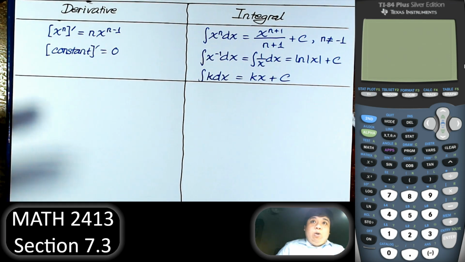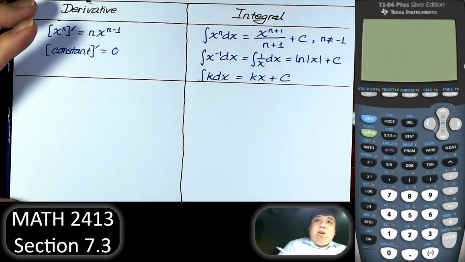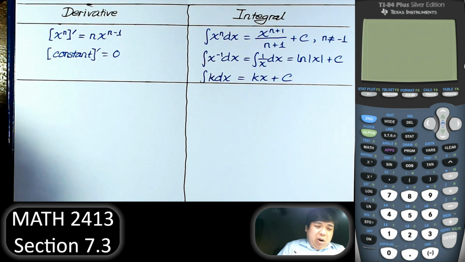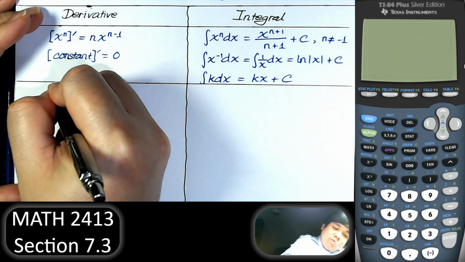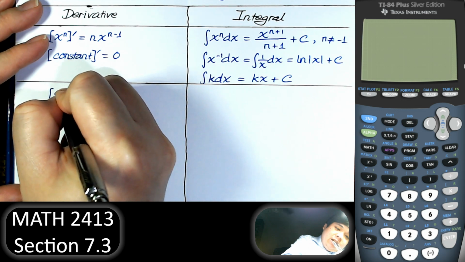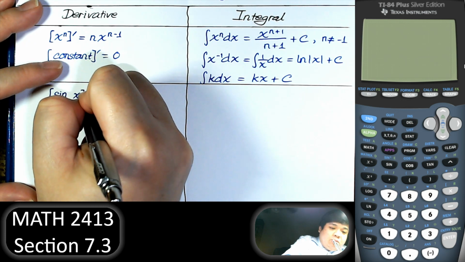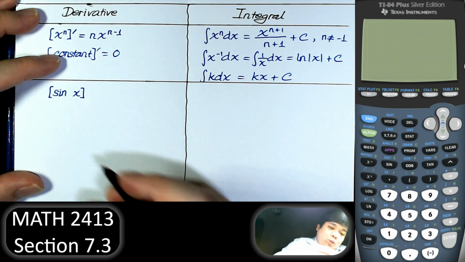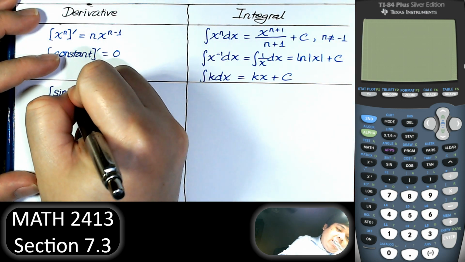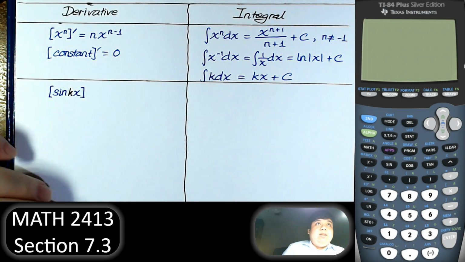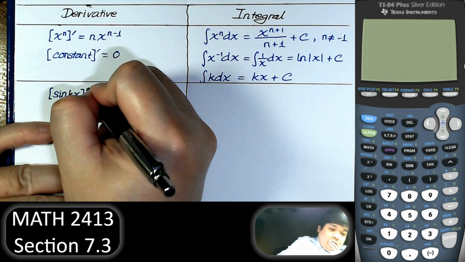Next, let's go over all the trigonometry. Derivative of sine x is cosine x, right? Now, something more general. What if we have a constant k times x? Take the derivative of that.